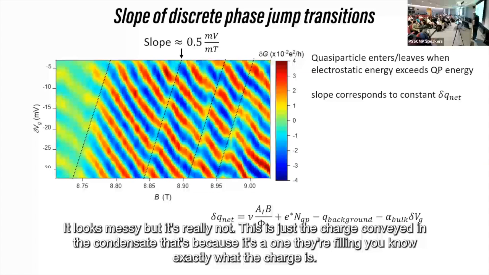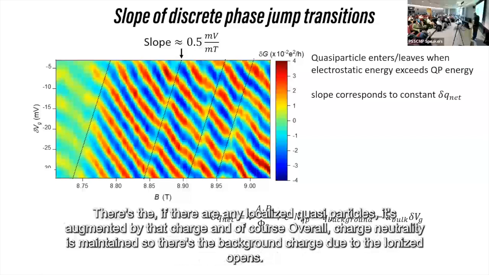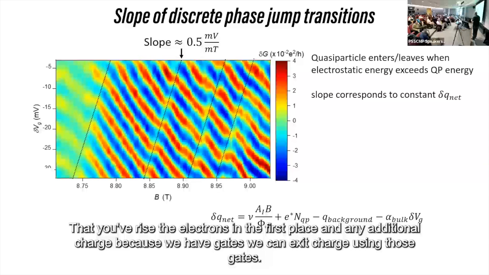This is just the charge contained in the condensate. That's because it's a 1/3 filling, you know exactly what the charge is. If there are any localized quasi-particles, it's augmented by that charge. And of course, overall charge neutrality is maintained. So there's the background charge due to the ionized dopants that give rise to the electrons in the first place.